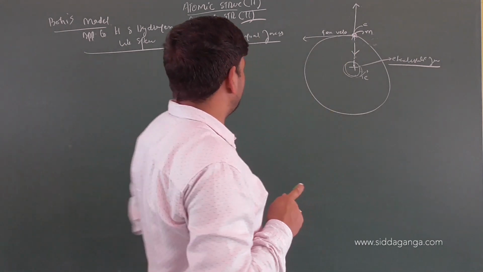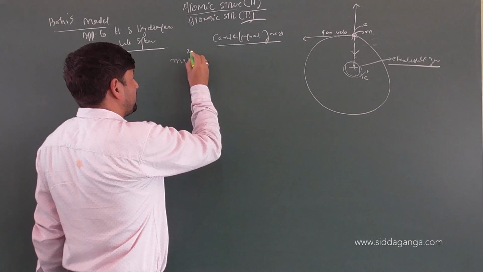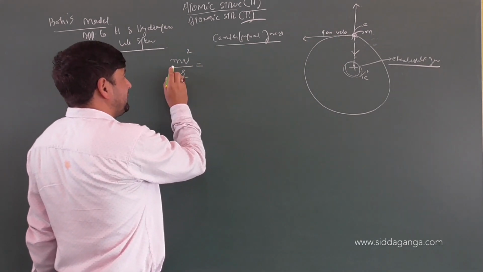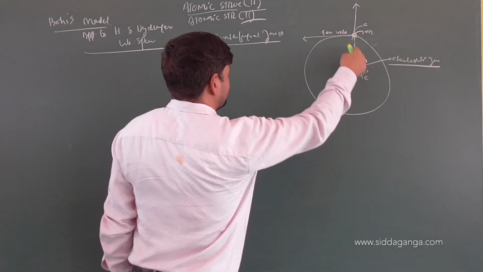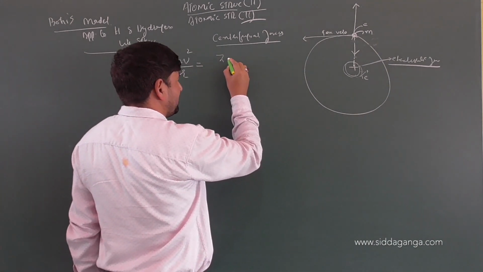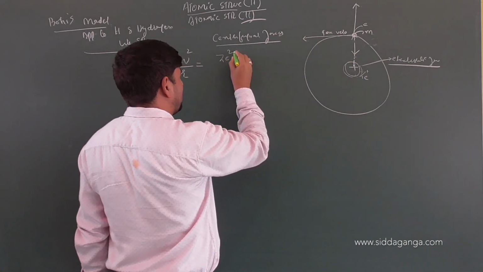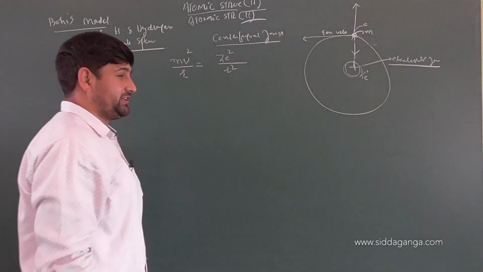That force is given by mv square by r. This should be balanced by the electrostatic force, which is the centripetal force, given by Ze square divided by r square, inversely proportional to the square of the radius.